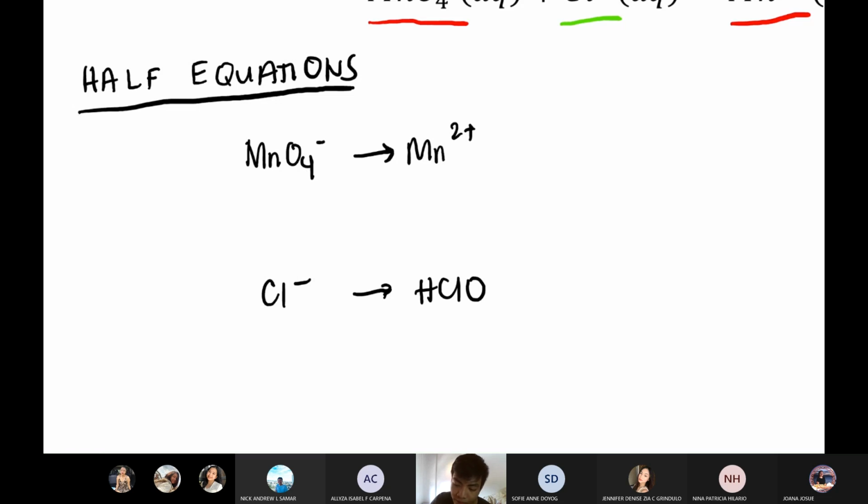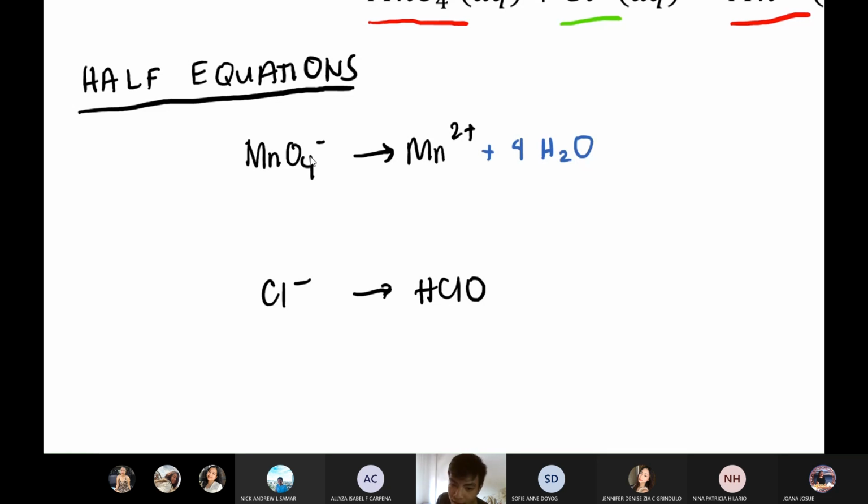So, I will add 4 H2O, kasi 4 yung oxygens doon. By adding 4 H2O, ilan oxygens ko na dito sa right side? 4 na. Kasi 4 times 1 is 4. And so balance na yung manganese, balance na yung oxygen.